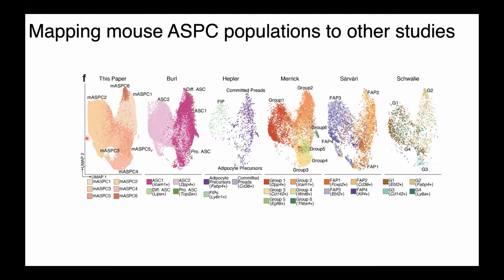Here, what we call an ASPC2 is similar to an ASC2, an FIP, a group 1, an FAP3, or a G1. And so this is really great to see that despite all of these different studies that are being performed in different countries even, there's a lot of similarities across populations. So this is something that we want to look at further that I'll talk about a little bit more when I get to our future directions.